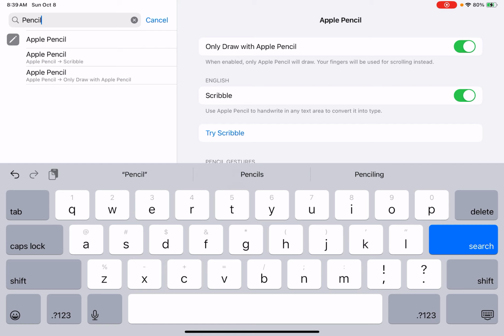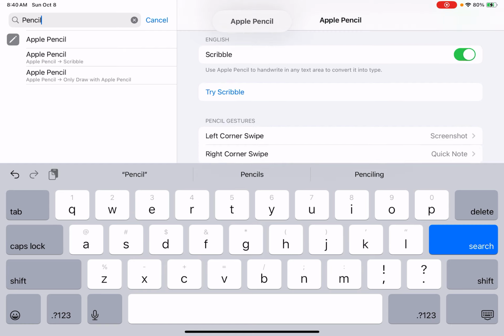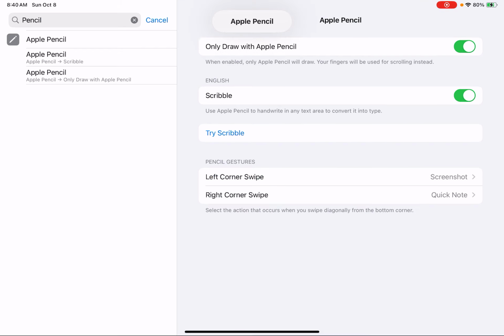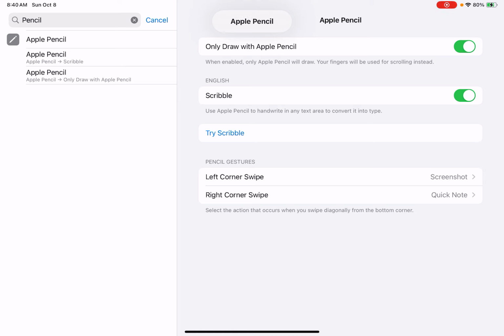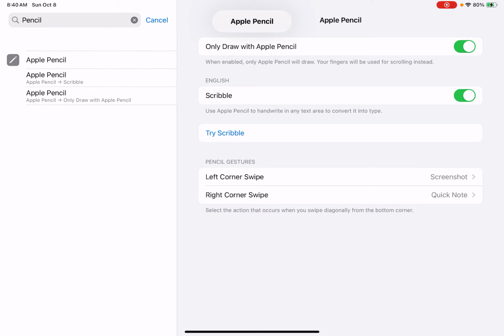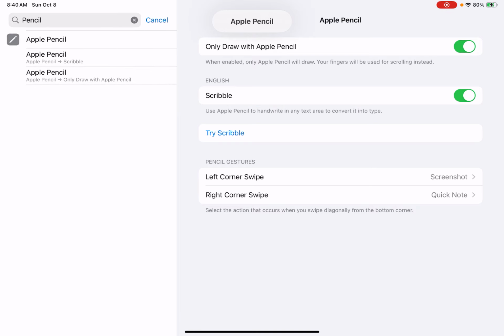Let's try to pair it up again. I don't know what happened.